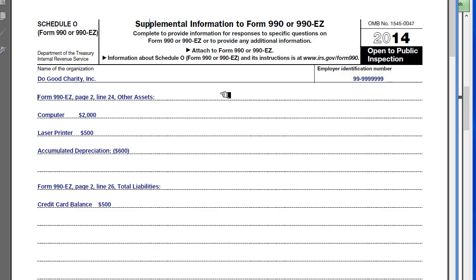All right. So all we're going to do is say what this description applies to. It applies to Form 990EZ, page 2, line 24, other assets. So we have our computer for $2,000, and we have our laser printer for $500. That was the $2,500.